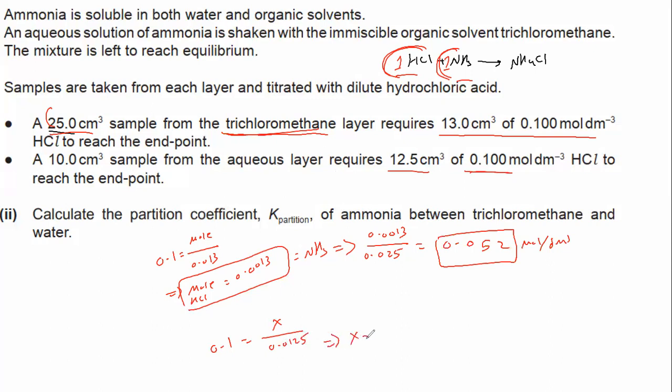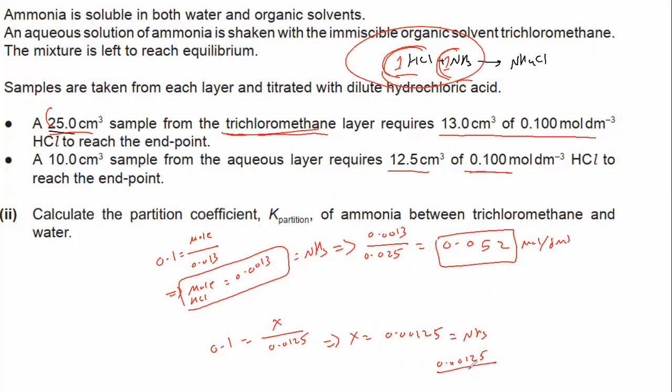This leads us to X, which is the moles of HCl, equal to this number. This is the moles of HCl. This will be the same as the moles of NH3 because the ratio, as we said, is 1 to 1.